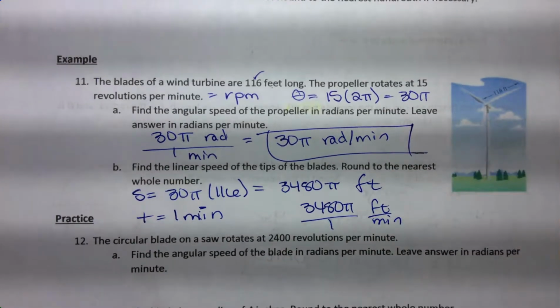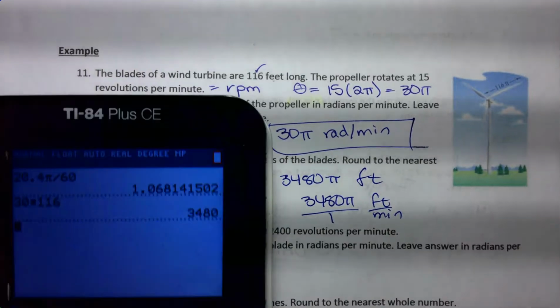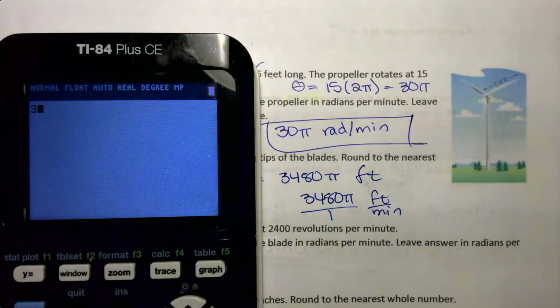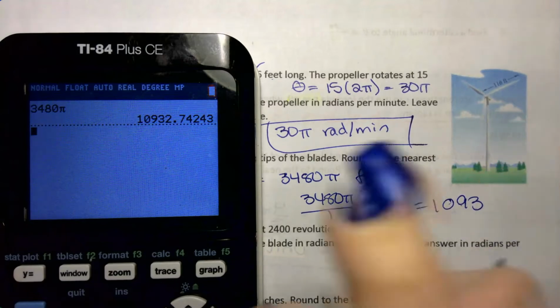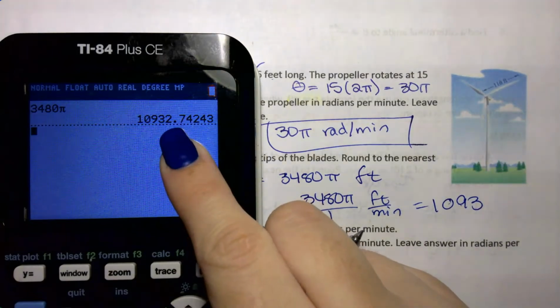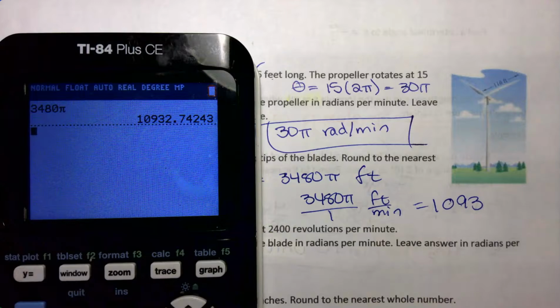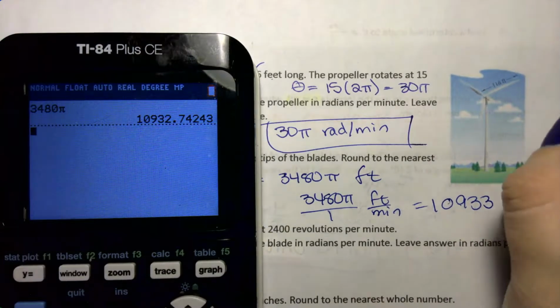So then if I type this into the calculator, because this one wants it as a whole number, I will do 3,480 times pi, which gets me 1,930. I'm going to round up because the number after the decimal is more than 0.5. And this is feet per minute.